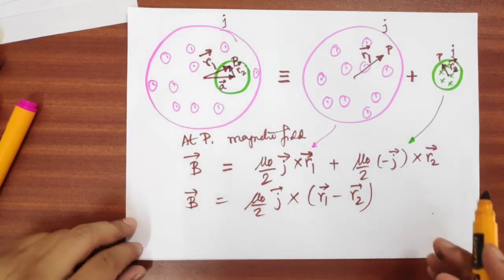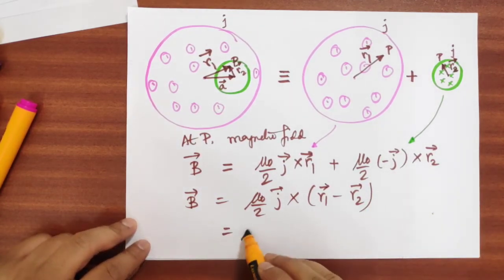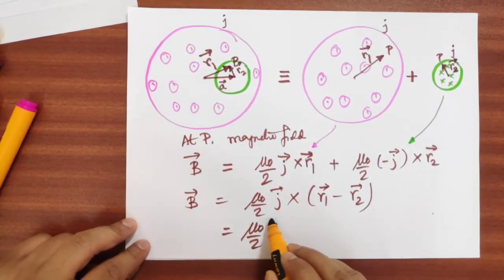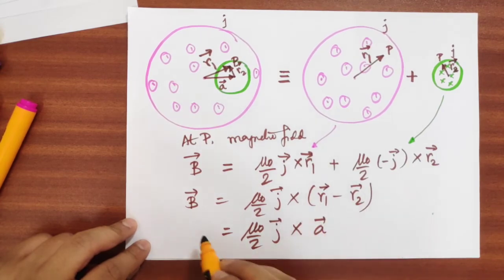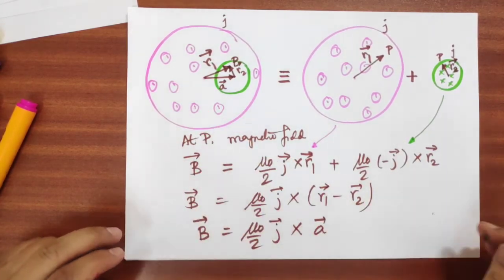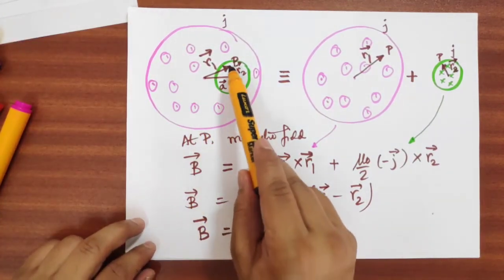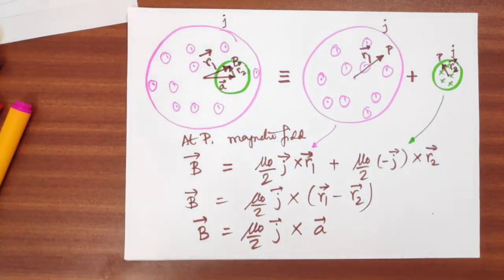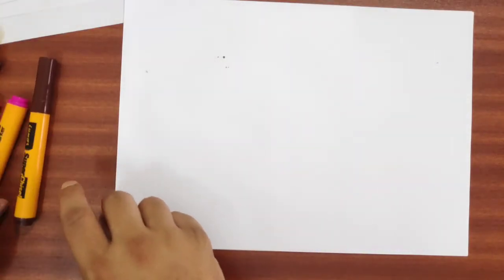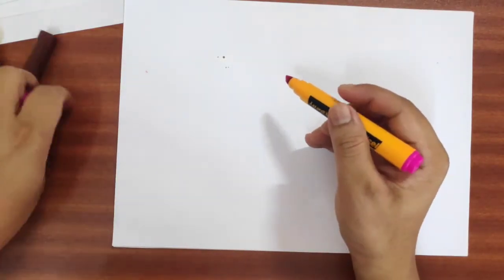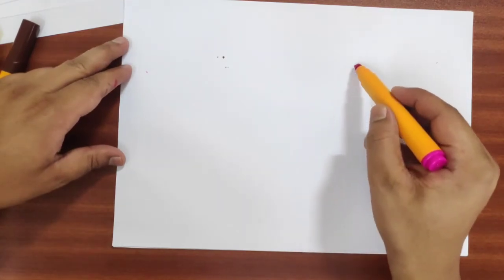R1 minus R2 is actually the vector A. Here you can apply the triangle law of vectors: A plus R2 is equal to R1. I will make a fresh diagram.